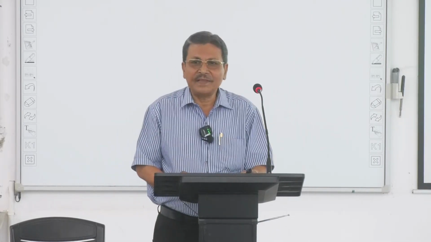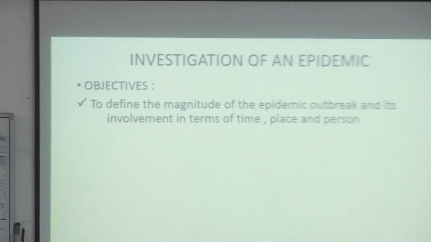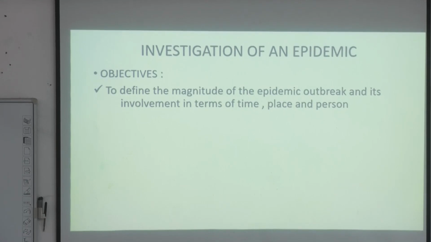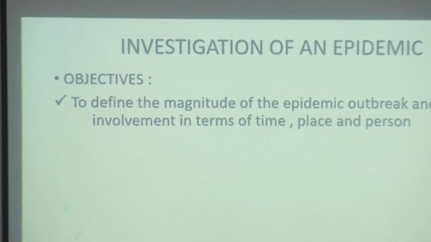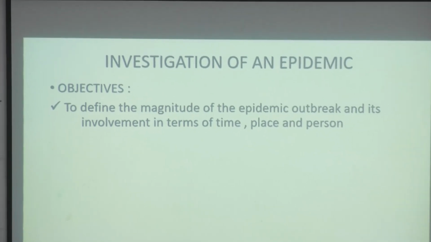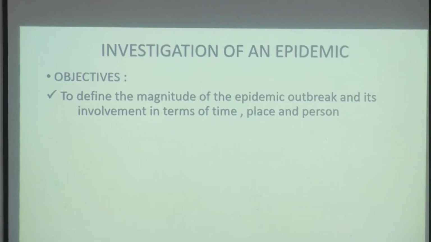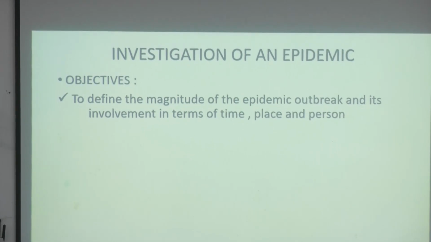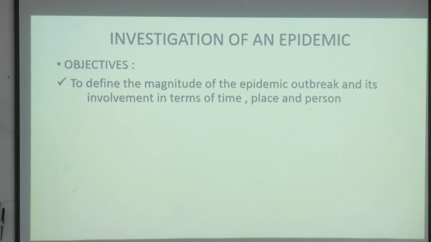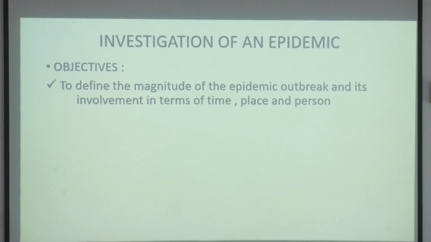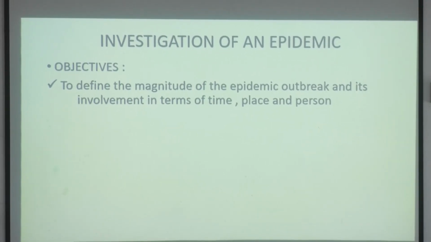For any investigation also there are some objectives. The objectives are to define the magnitude of the epidemic outbreak and its involvement in terms of time, place, and person. Probably you remember somebody discussed in epidemiology these three terms are very important: time, place, and person. In which time it occurs, in which place it occurs, and how many persons are involved.